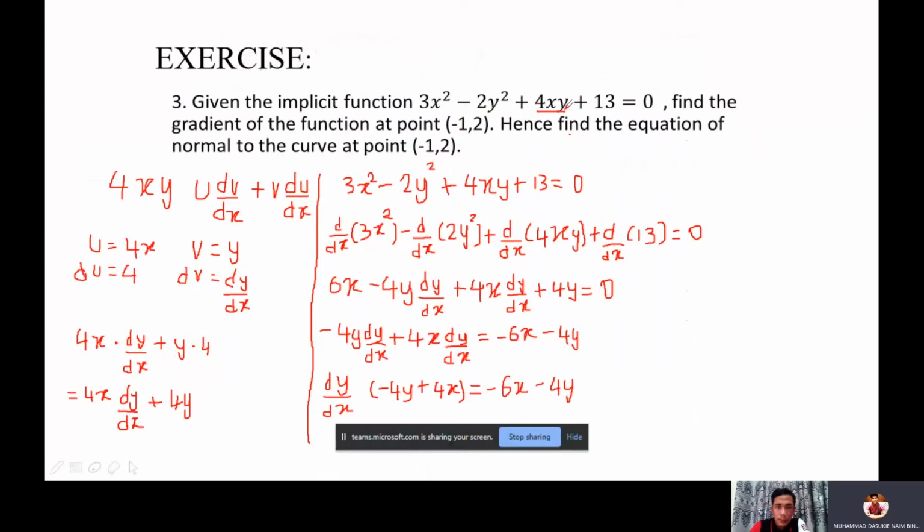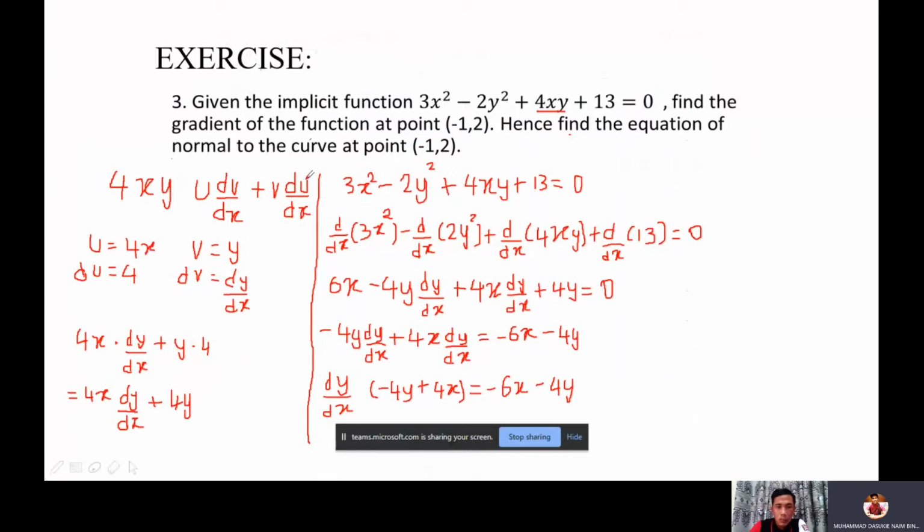That method we call the product rule. So the first step you must do is for xy. This is the formula for the product rule: u dv per dx plus v du per dx.